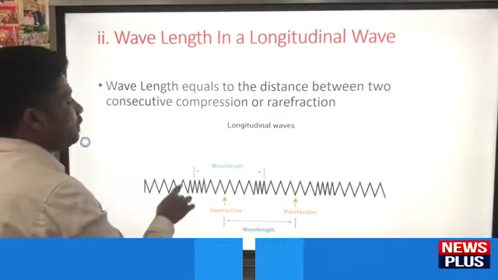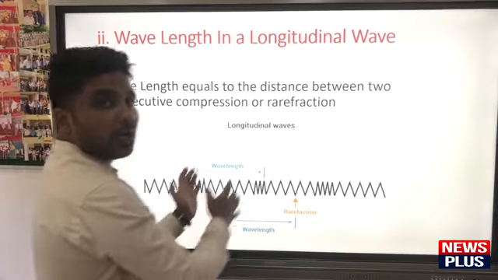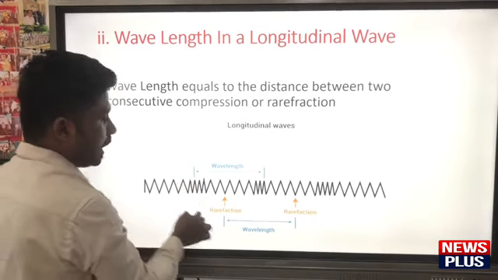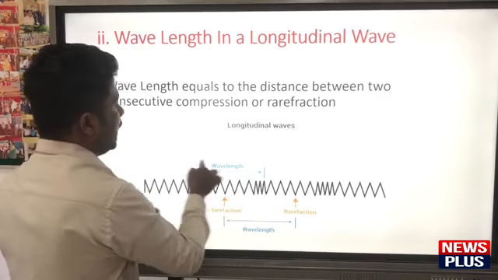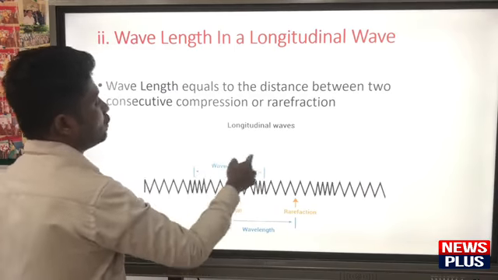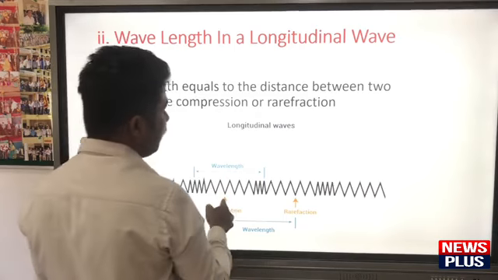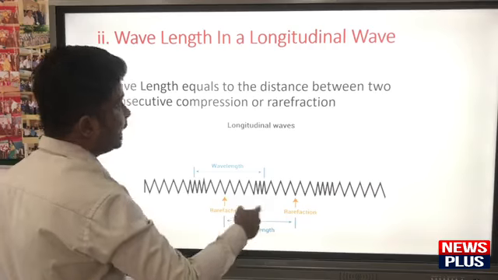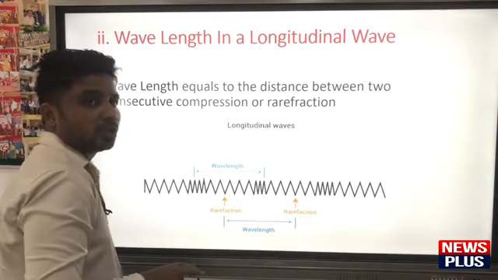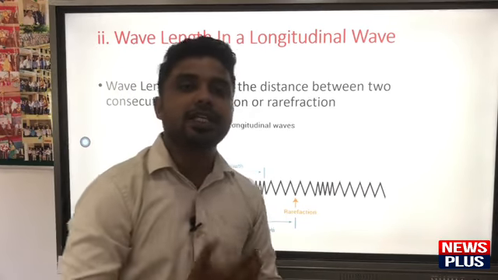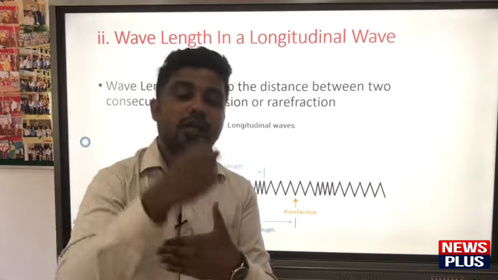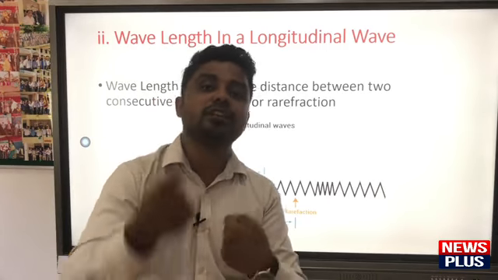See, there is a wave which we form in a slinky, and this point is a compression, and this point is a compression, and the distance between these two is the wavelength. Here is a rarefaction, and the distance between two rarefactions is also called the wavelength.